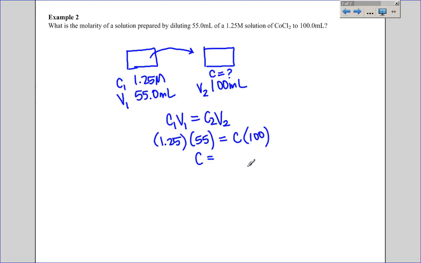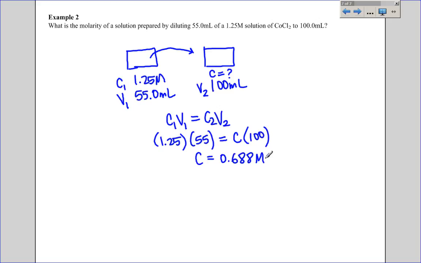And again, trying to imagine what the scenario would be in the lab is the best way to get good at it. Okay, so we've got 3 significant digits here, so our molarity is 0.688.